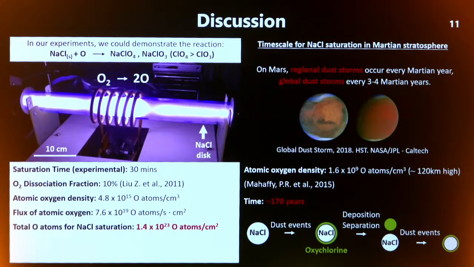Over time, the surface is saturated in oxychlorines, and after deposition, these two salts can be separated because they have different solubilities, and then a new surface of halide is exposed, and this process will happen again in other dust events. So this would help to explain the total amount of oxychlorines on the surface of Mars, and also the right oxychlorine over chlorine ratio.